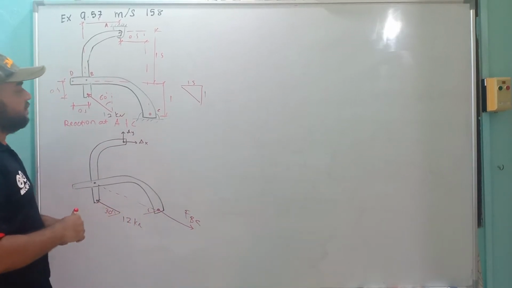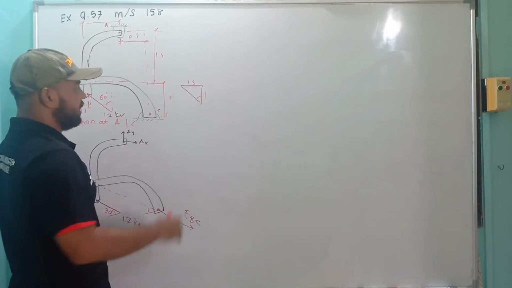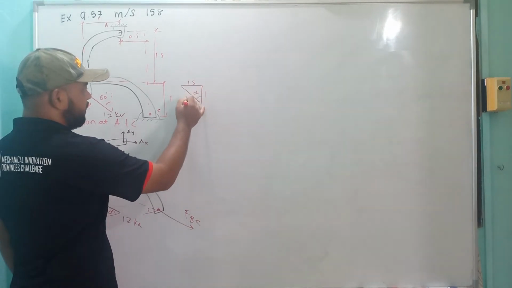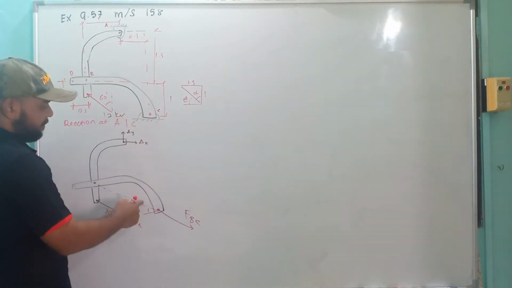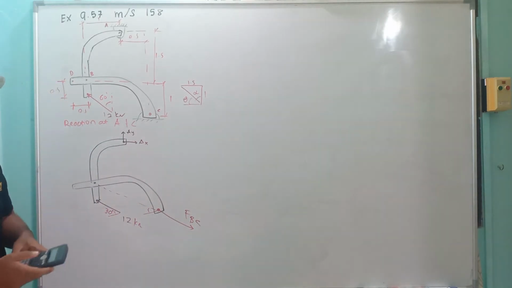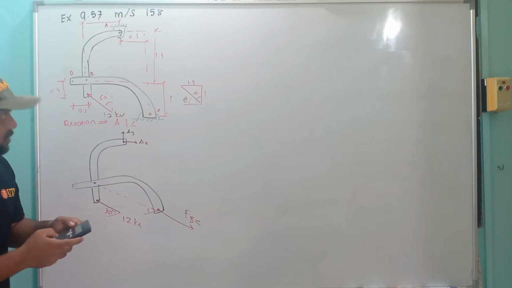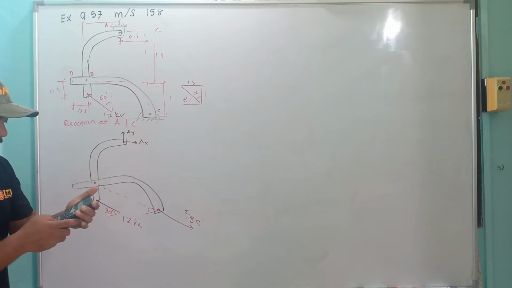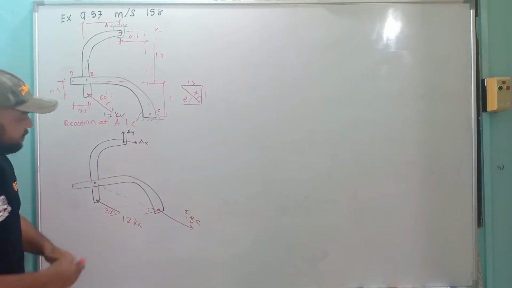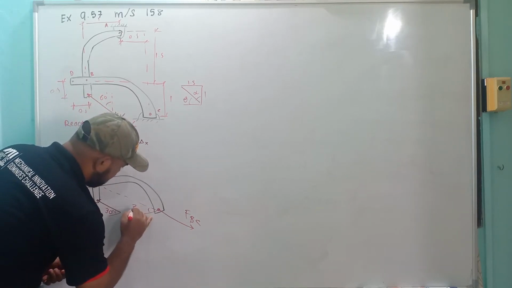With 1.5 and 1, we can calculate the theta here, which is 90 degree minus alpha. So tangent inverse of 1.5 divided by 1, then 90 minus the answer, 33.7 degree. Here is 33.7 degree.